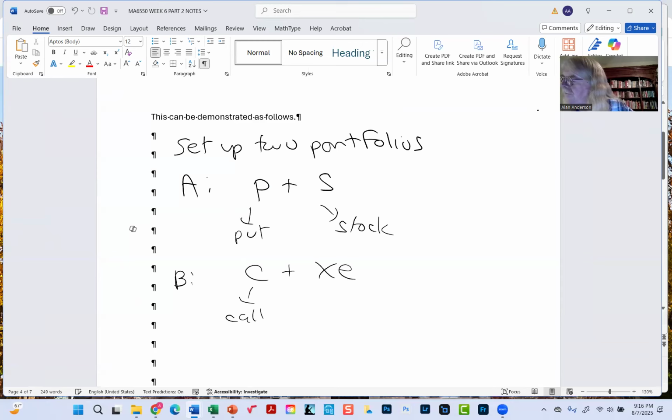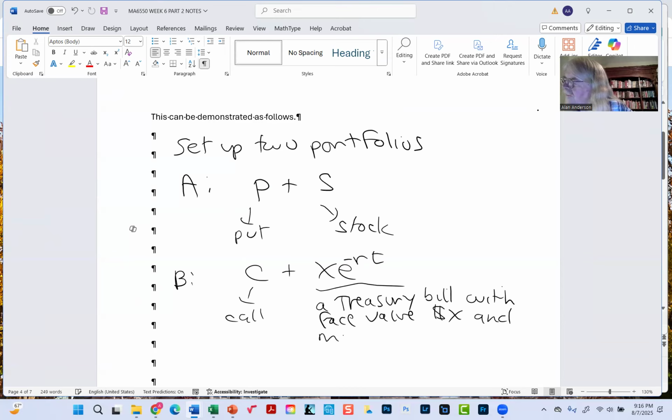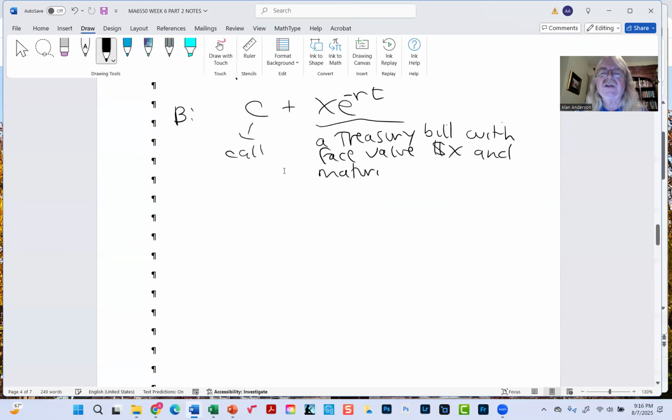Now, this is the interesting one. What you've got here can be thought of as a treasury bill with face value X and maturity T. Now, we have to assume that such a thing actually exists in the market, but the idea here is a treasury bill is what we call a zero coupon bond, which means it's sold at a discount from its face value.